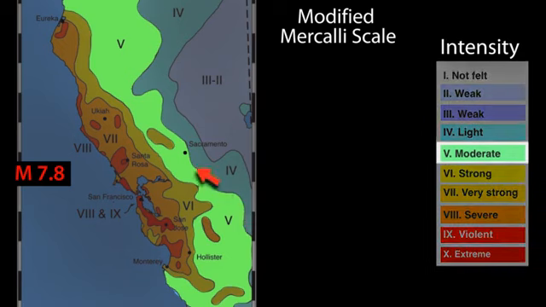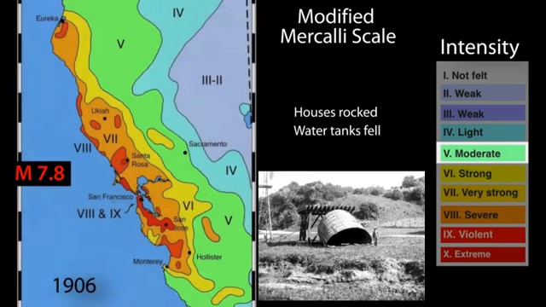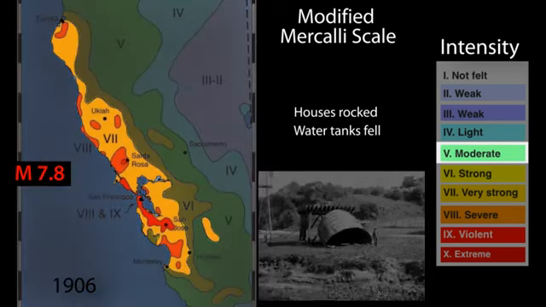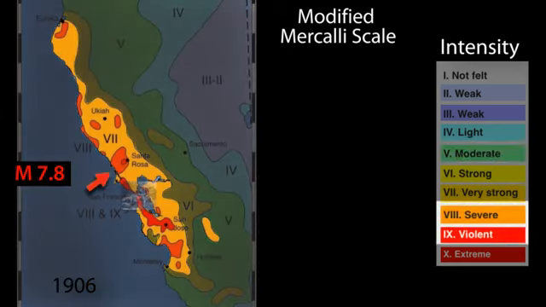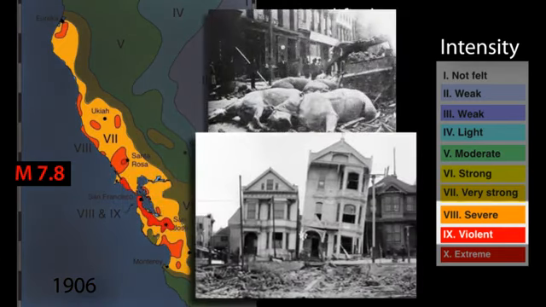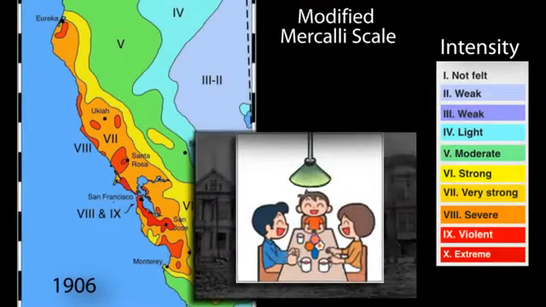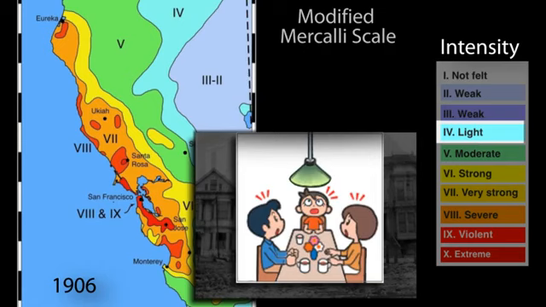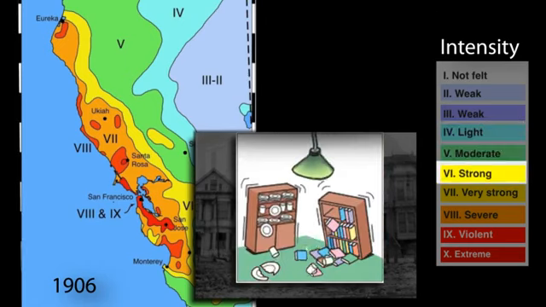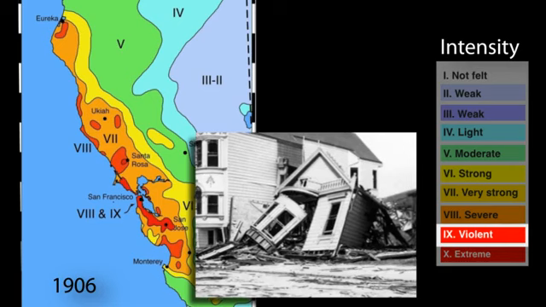In Zone 5, moderate shaking was felt. Houses rocked, cracking plaster, and some water tanks toppled over. In Zones 8 and 9, people, horses, and cattle were thrown off their feet, bridges were wrecked, and wood-frame buildings slid off their foundations. The lower numbers generally dealt with how the earthquake was felt by people. The higher numbers were based on observed structural damage.